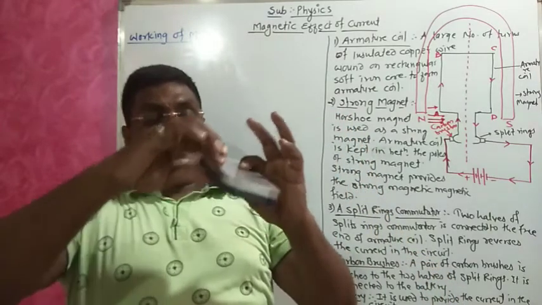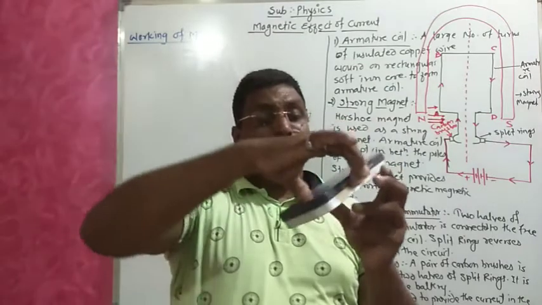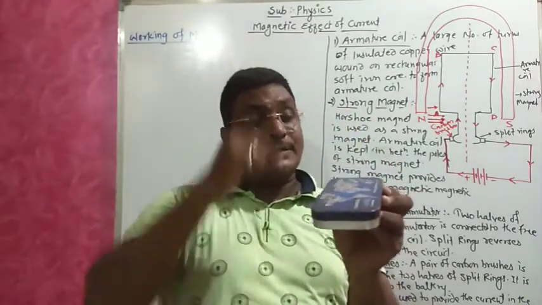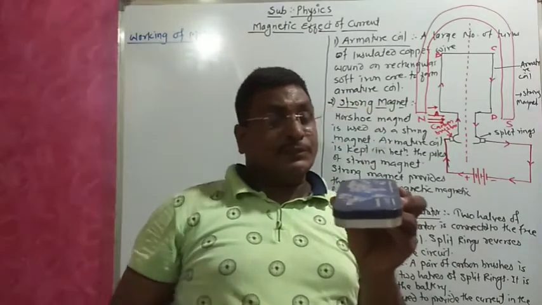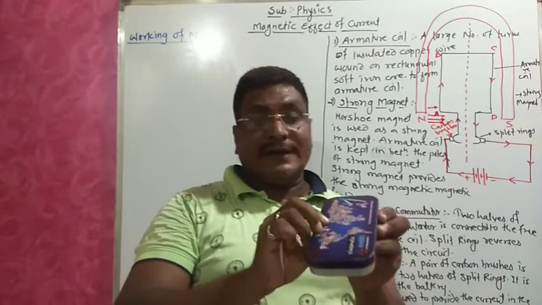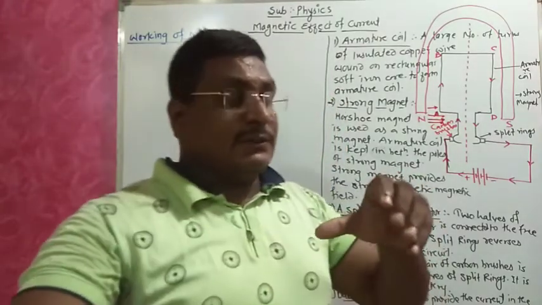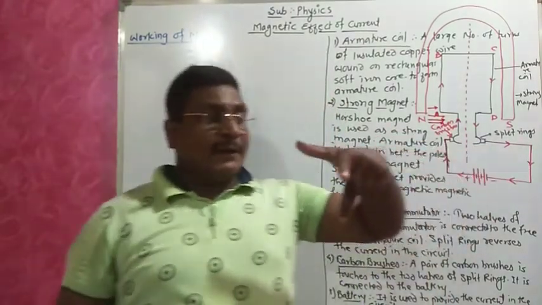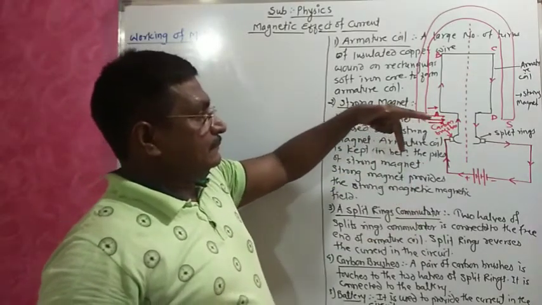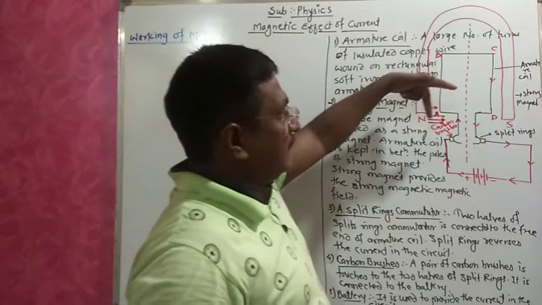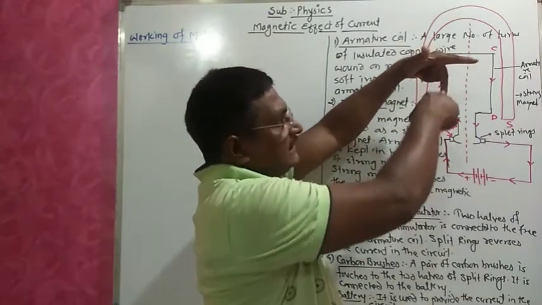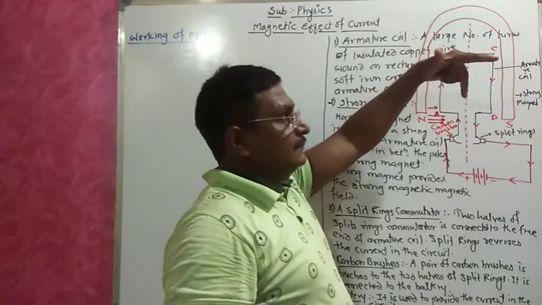So whenever the armature coil, the current is flowing in the upward direction, but in arm CD the current is flowing in the downward direction. So according to Fleming's left hand rule, see what is coming. This is the direction of magnetic field. This is the direction of current.